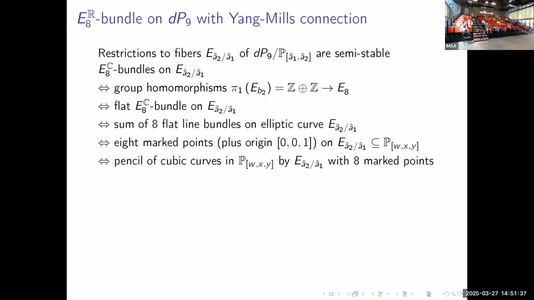It's the same thing as 8 marked points, the same thing as a pencil of cubic curves with 8 fixed points. It's the same thing as an elliptic fiber del Pezzo dP9.